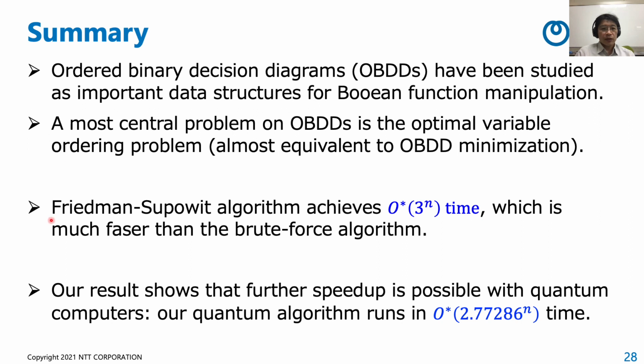And the Friedman-Supowit algorithm achieves about 3 to the n time, which is much faster than the brute force algorithm. Our results show that further speedup is possible with quantum computers. Actually, our quantum algorithm runs in 2.77 to the n time.